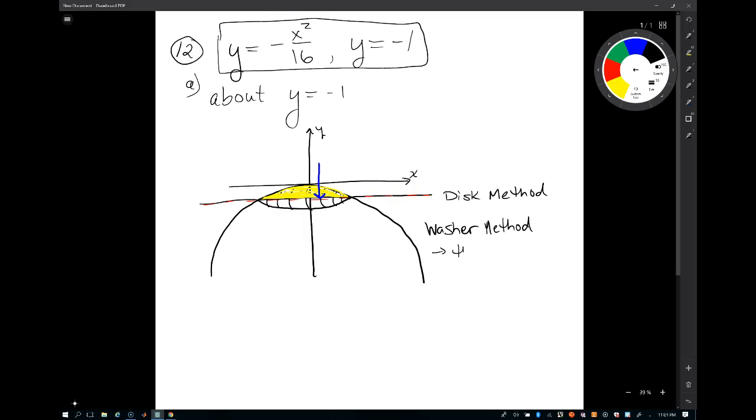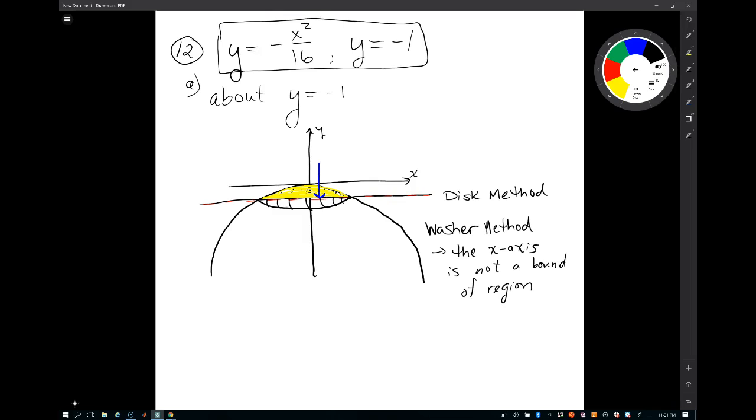the x-axis is not a bound of your region. So since the x-axis is not a bound of my region, and my other bounds are actual functions, I'm going to have to do the difference of those functions squared.